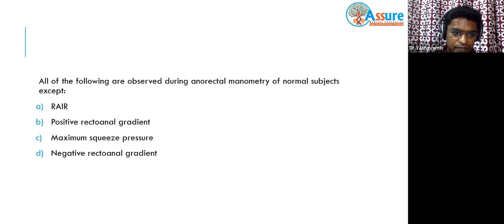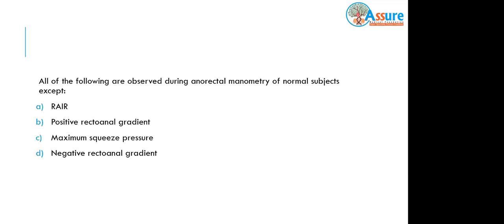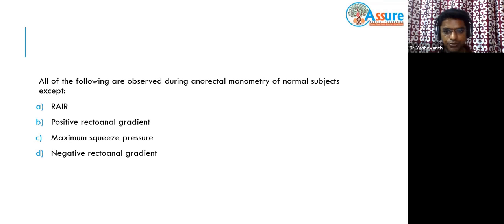D, negative rectoanal gradient. Very good. See, RAIR, I told you that rectal pressure increases and anal pressure decreases. You have a positive rectoanal gradient, and you can also measure maximum squeeze pressure. A negative rectoanal gradient you don't usually get to see in a normal subject.